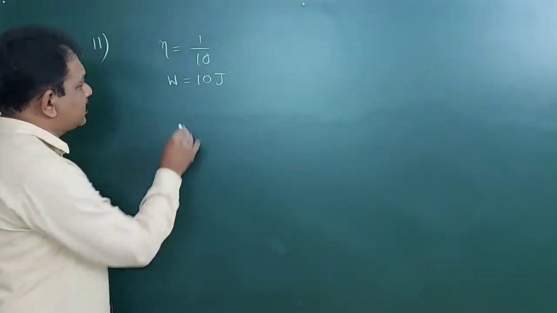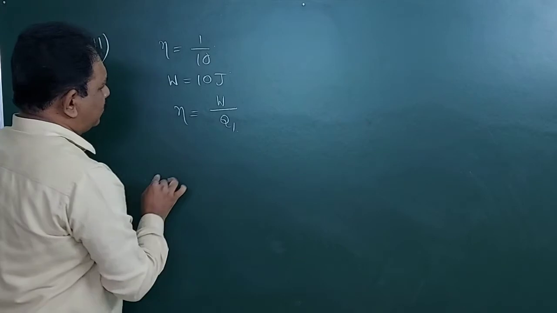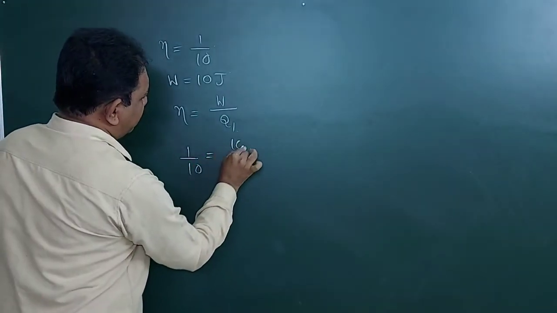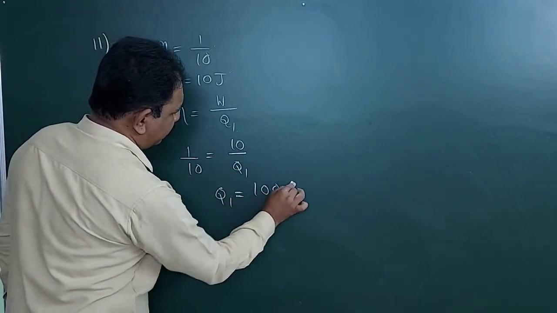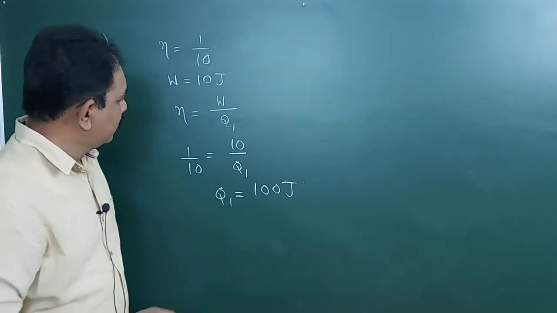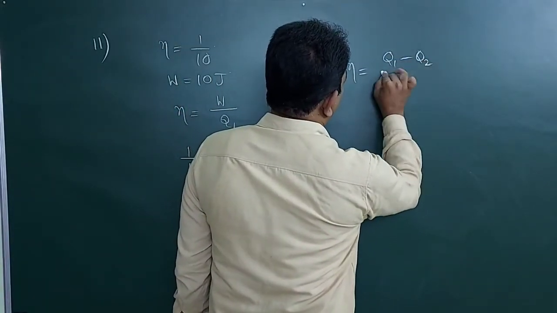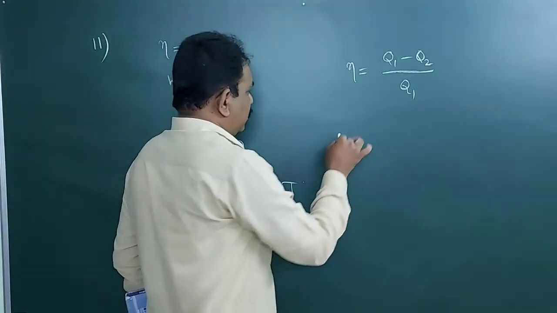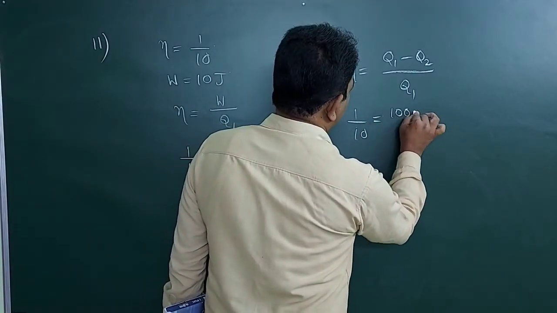So, eta is equal to W by Q1. So eta is 1 by 10, W by Q1. Q1 is equal to 100 joules. Q2 value they are asking. So, eta is equal to (Q1 minus Q2) by Q1. Eta 1 by 10 is equal to... Q1 value 100.